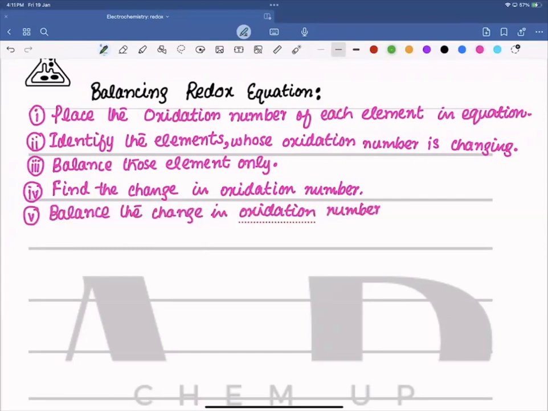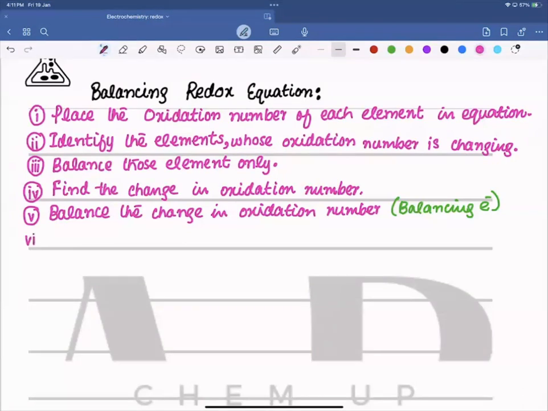It also means that you are balancing electrons. So when the oxidation number change is balanced, then the electrons are also balanced.